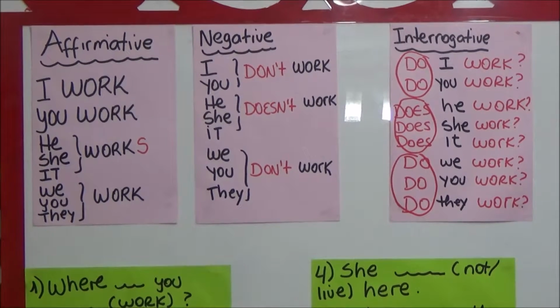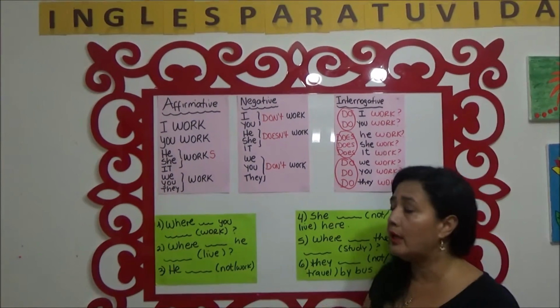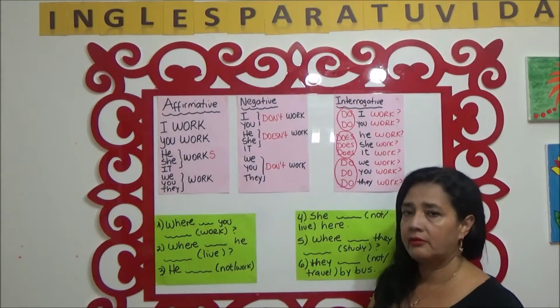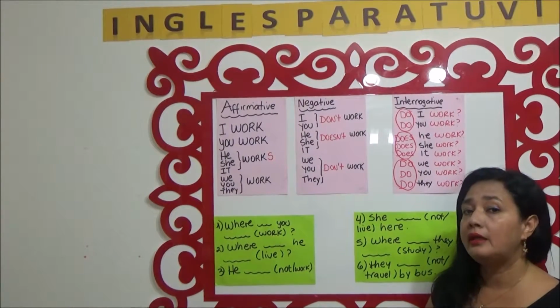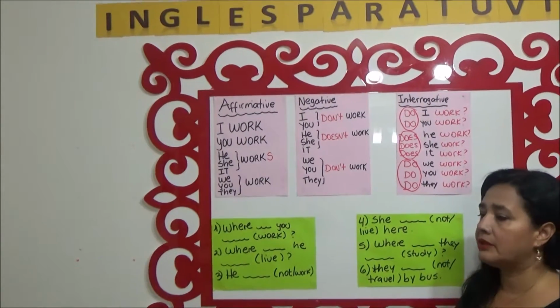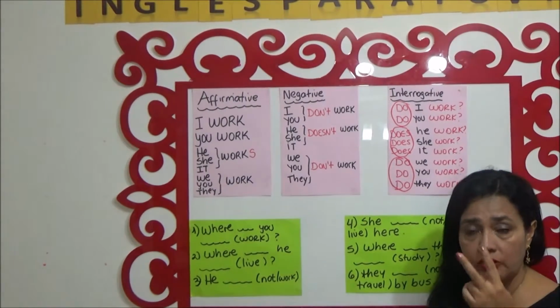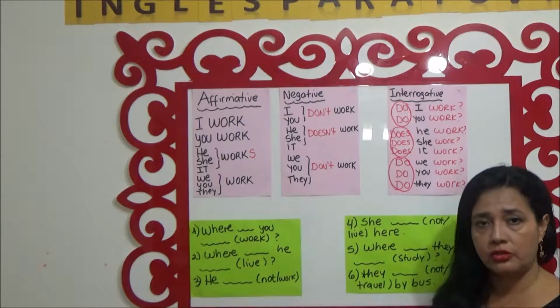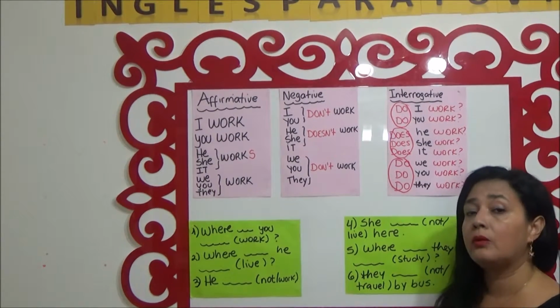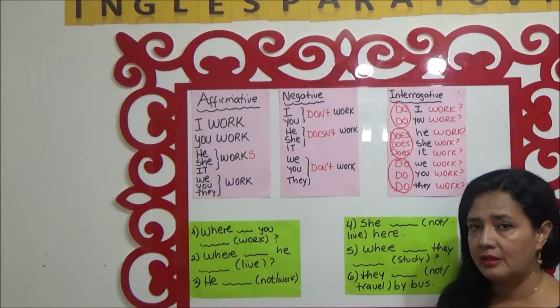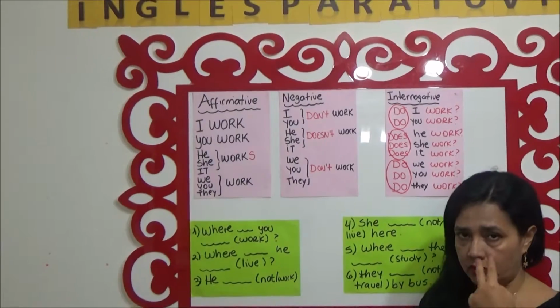Obviously, in the present simple we do not only add a final S. There are other cases in which we add ES. For example, with the verb watch, we say I watch, you watch, but he, she and it watches. We, you and they watch.